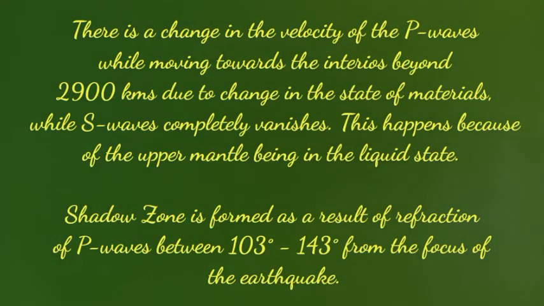So based on all these discussions, it can be understood that the Earth's interior is mostly made up of heavy materials, and the shadow zone remains unaffected because of the refraction of the P waves while entering the liquid or metal areas.